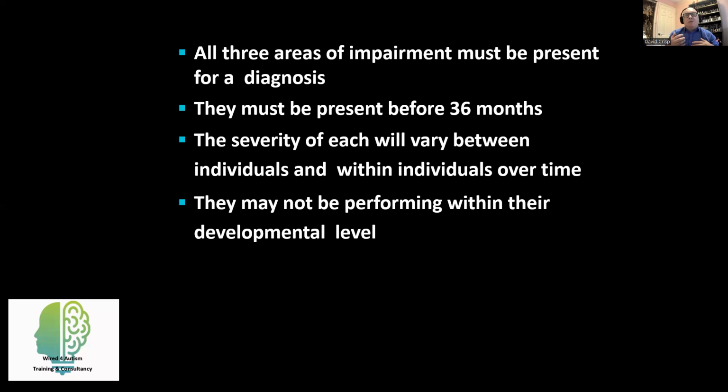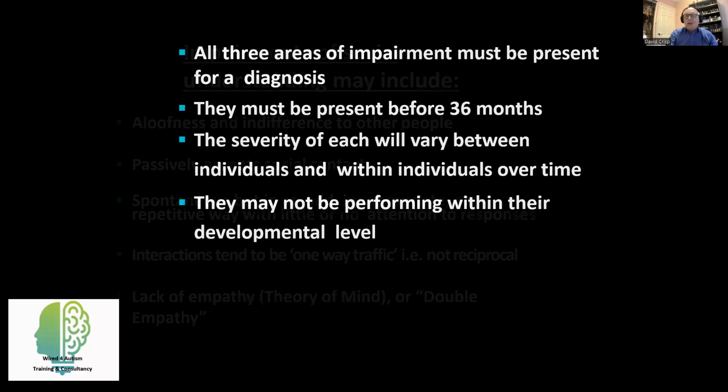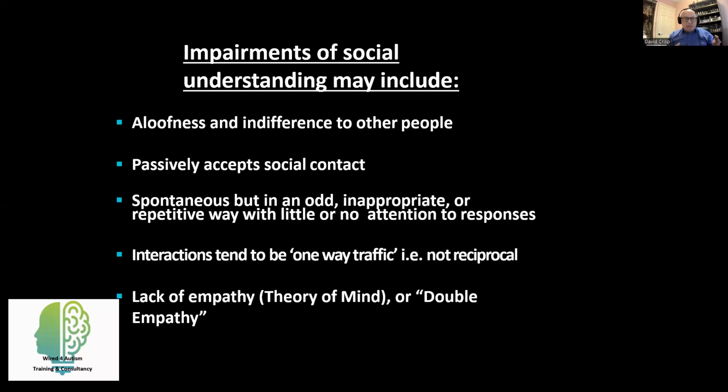So in those incidences, I may not, and other people may not, be performing within their developmental level. So even if you're on the autism spectrum, your place within that spectrum can change depending on circumstances at any given time or any given day.